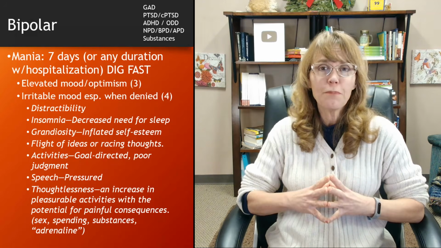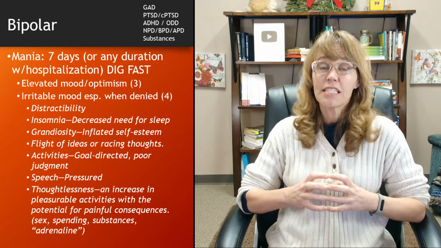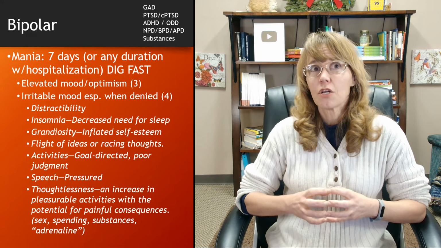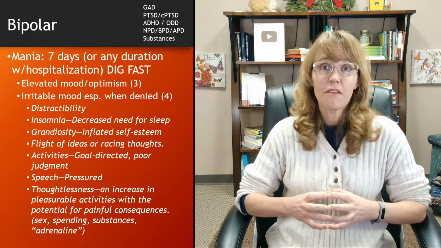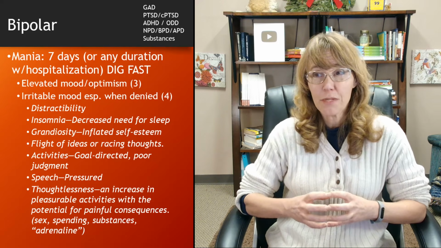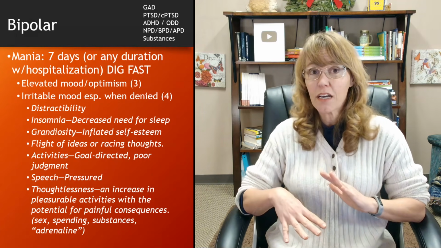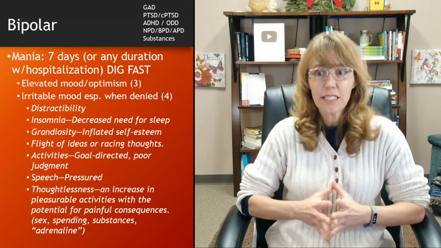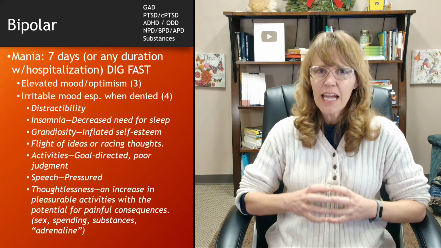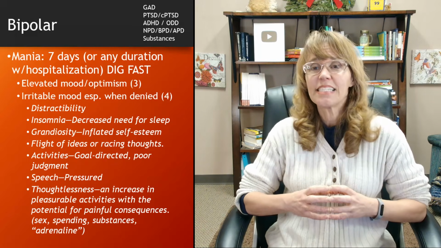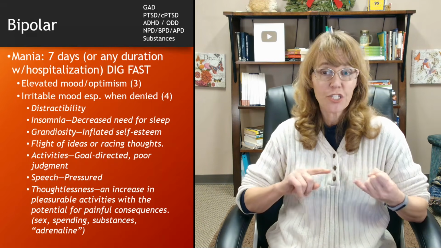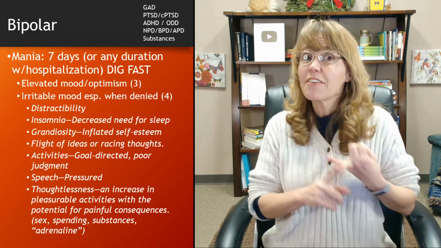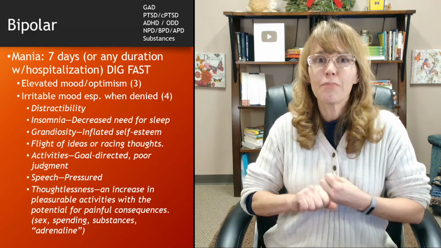And people who abuse substances, especially stimulants, will often look like they're in the middle of a manic or hypomanic episode. So we need to make sure that they are free of substances before we start making a diagnosis. Now, the mnemonic for mania is DIG FAST. And again, that stands for distractibility. Insomnia, again, it's a decreased need for sleep, not a lack of ability to get it.